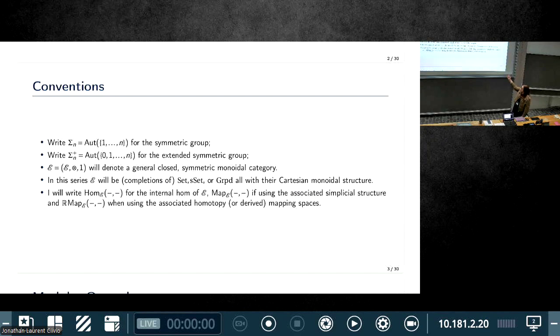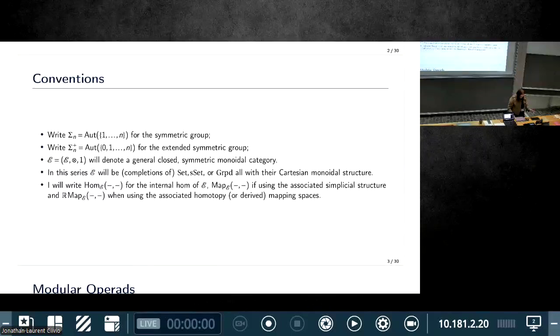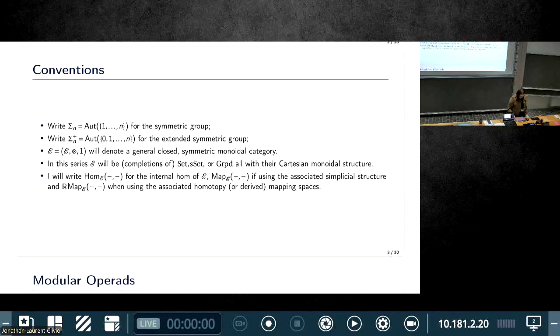All of the examples I just put up there are simplicial, meaning they're tensored and cotensored over simplicial sets. And then hopefully I remember to always put the R when we're using the homotopy mapping space. This actually gets pretty important later, since some of these things are not true if I use the wrong mapping space. So if you're confused at any time by that, let me know.